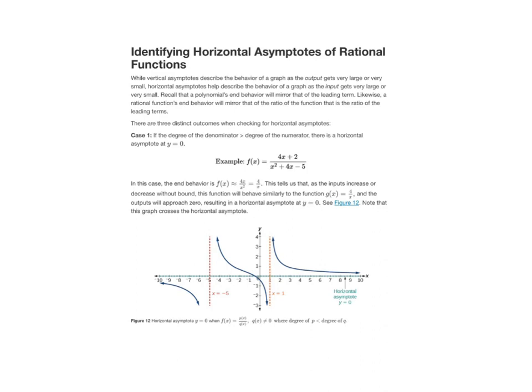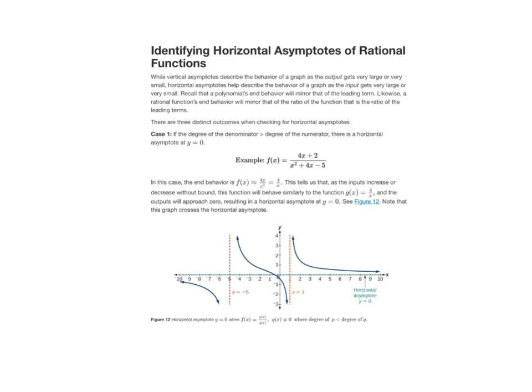The first case is this. If the degree of the denominator is greater than the degree of the numerator, there is a horizontal asymptote at y equals 0. So if I'm looking at a function like 4x plus 2 divided by x squared plus 4x minus 5, what's the degree of the top? 1.